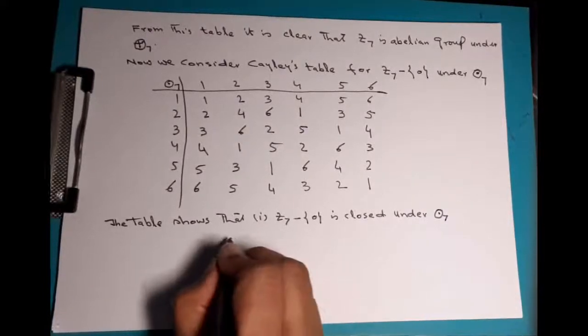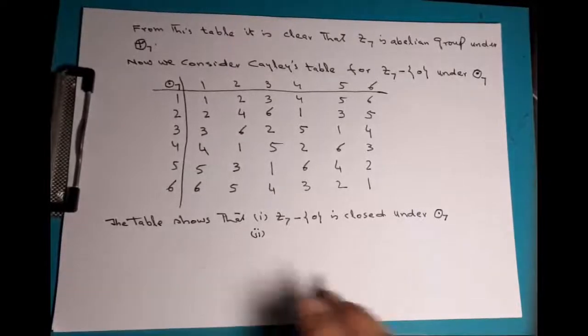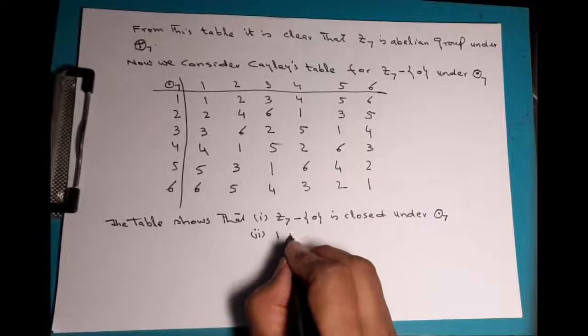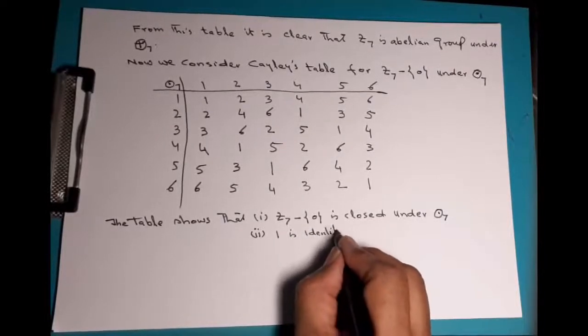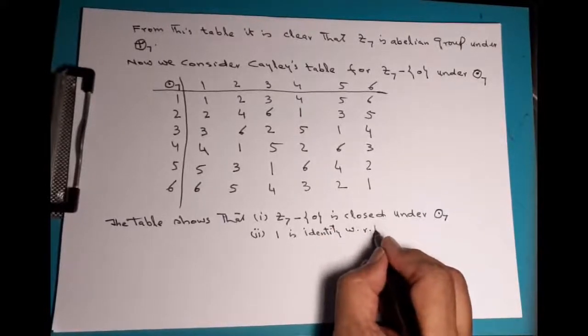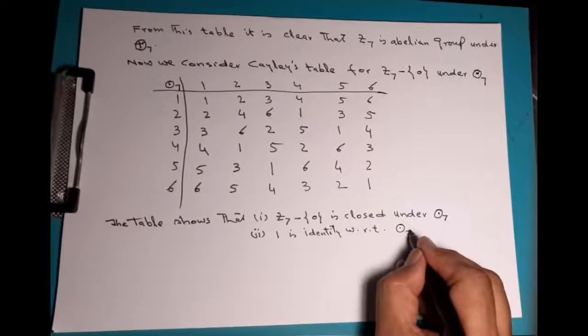And secondly, we observe that 1 is identity with respect to this particular binary operation, which we have denoted by this symbol, multiplication modulo 7.